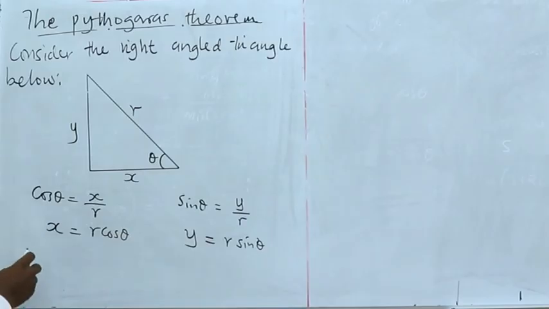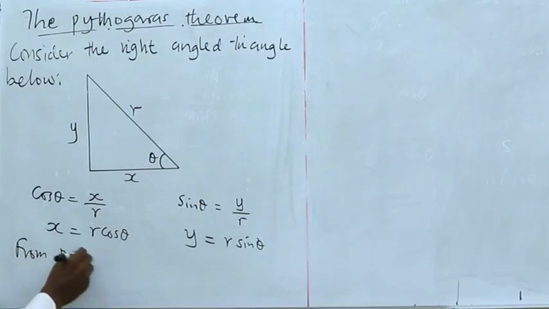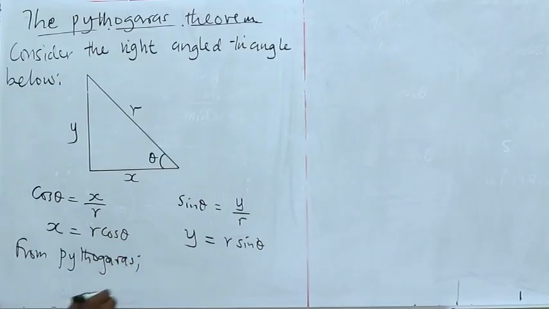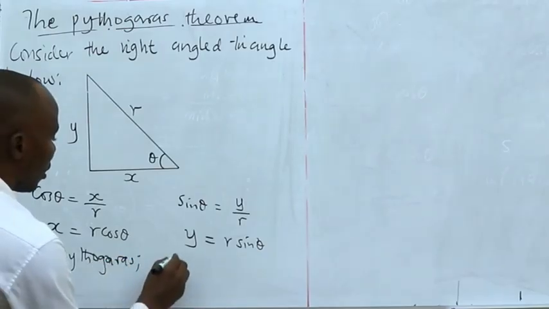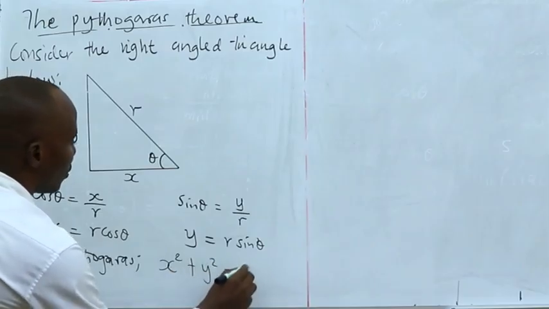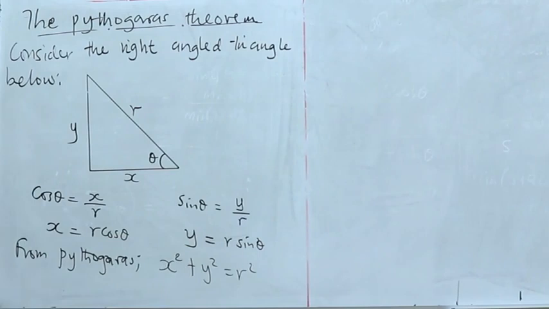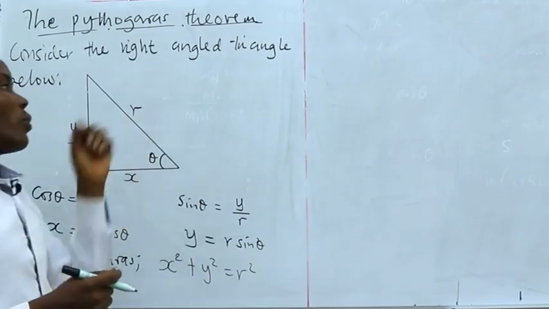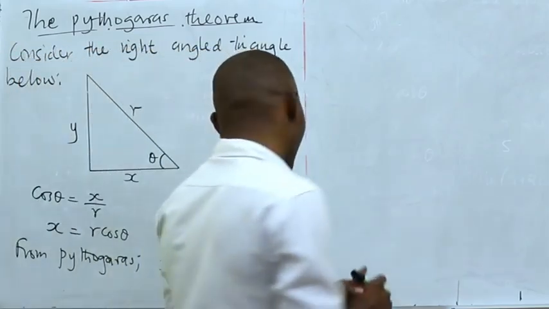Then, from Pythagoras, we have x squared plus y squared is equal to r squared. The adjacent side squared plus the opposite side squared gives you the hypotenuse side squared.